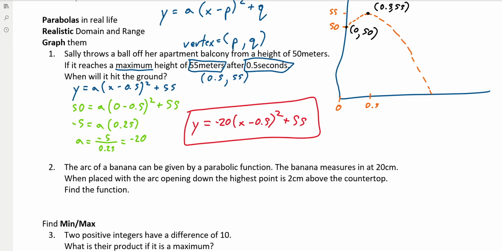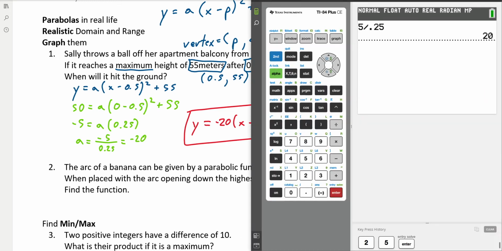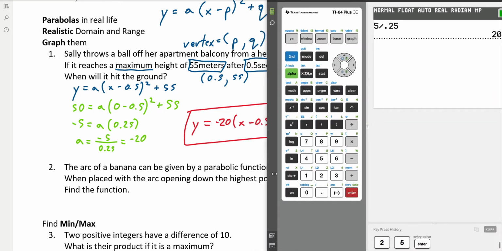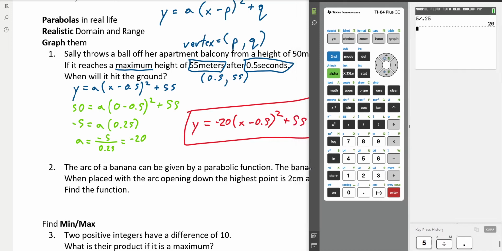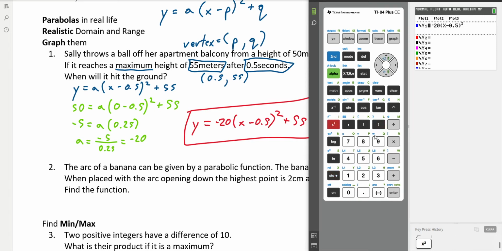Now we can plug that in as our function. We have a negative 20 bracket x minus 0.5 squared plus 55. So now that we have that, we can just graph it.